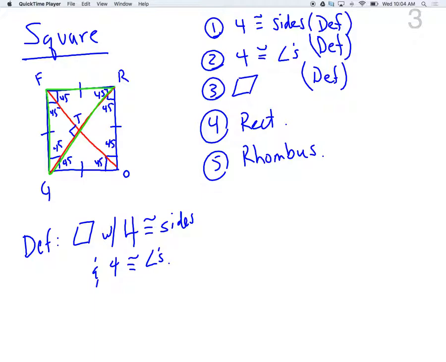The diagonals are splitting that quadrilateral into 4 right triangles. Well, that's true of a rhombus. That doesn't work. 4 sides are equal. That's true of a rhombus. The opposite sides are parallel. That's true. But so we got it covered. Okay. We good? If you think it's true, it is for a square.